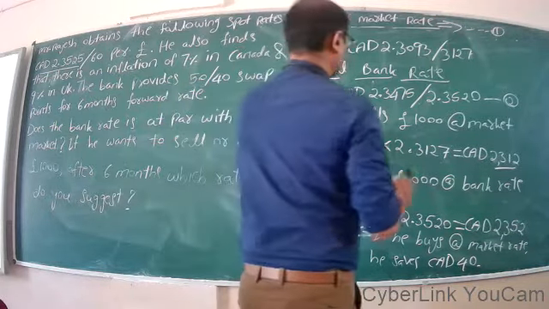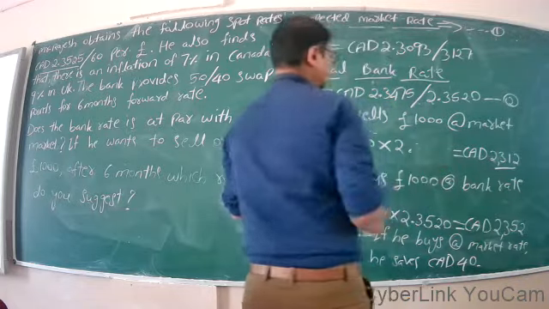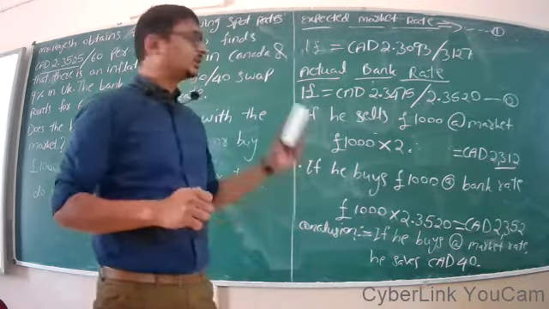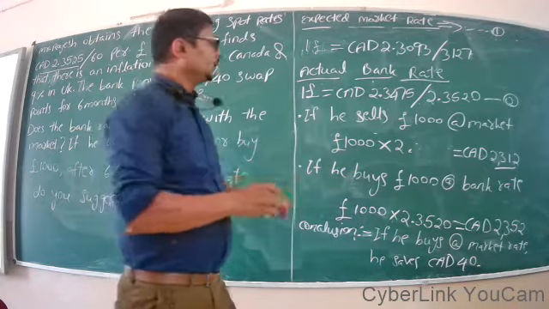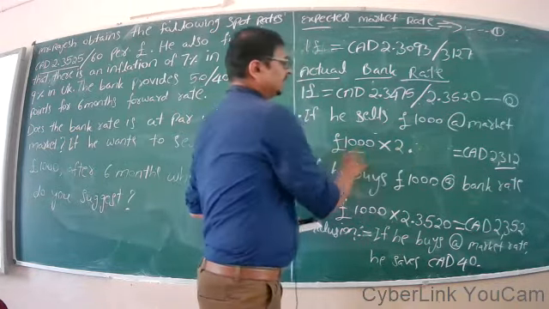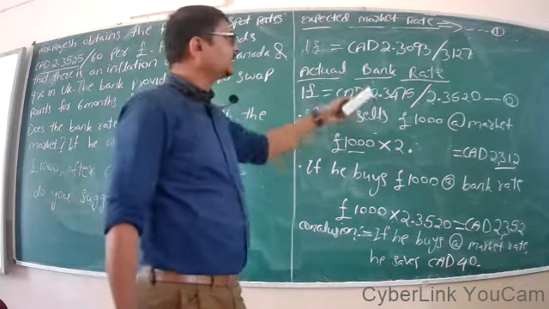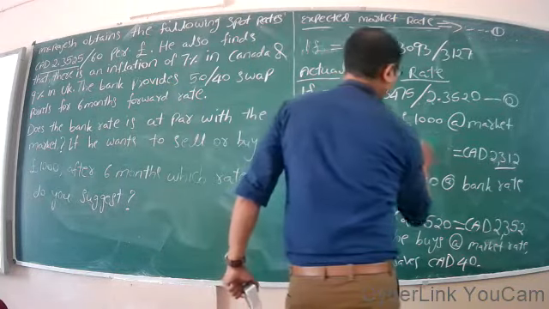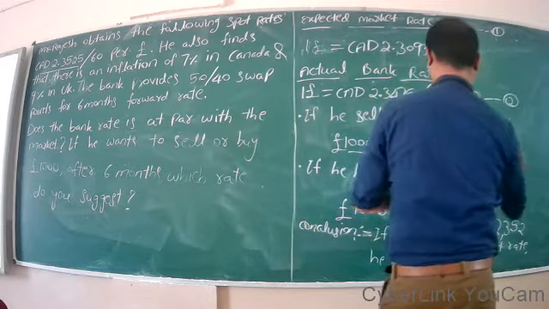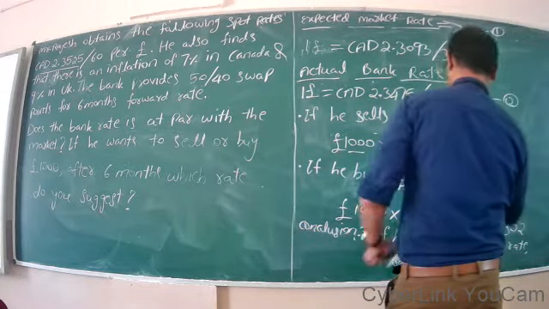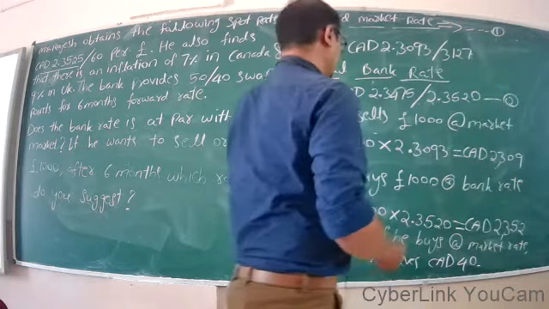Now, if he sells 1000 sterling pound at market rate, the market buys from Mr. So and so. So he is selling 1000 sterling pound. So he is the seller, individual is the seller, and market is the buyer. So the market buys at bid price 2.3093, that is 2309 Canadian dollar.